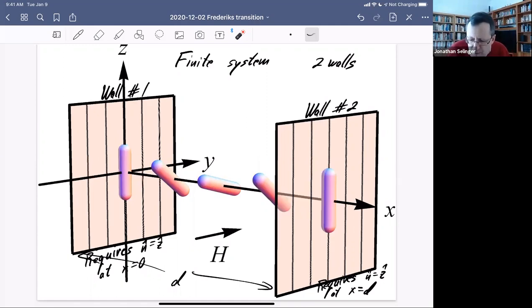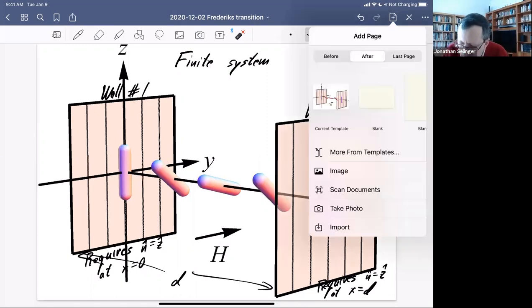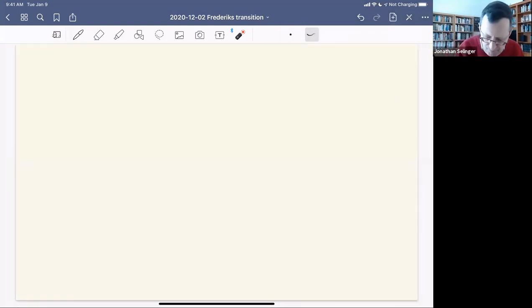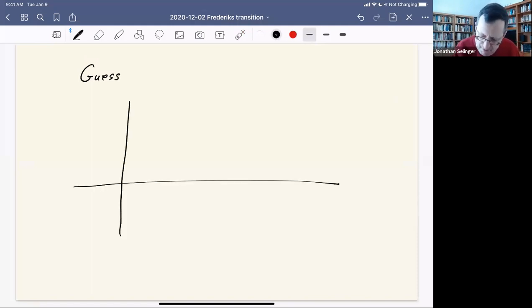So what would we guess for the solution? Okay, here, I'll write down a guess. So my guess will be a plot for theta as a function of x, for x going from x equals 0 to over here, x equals d.